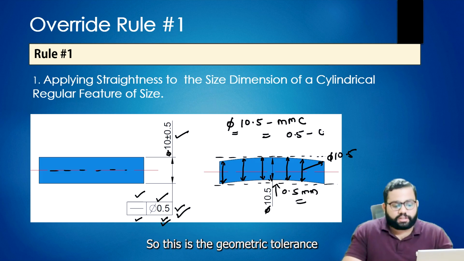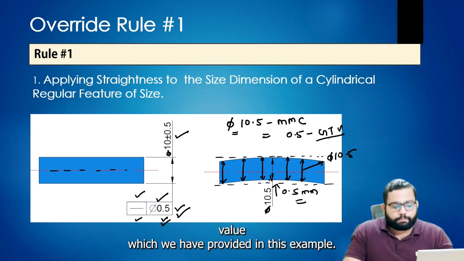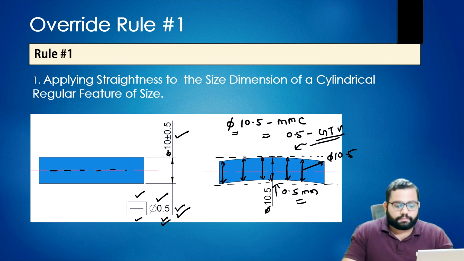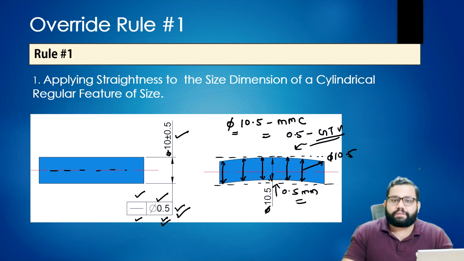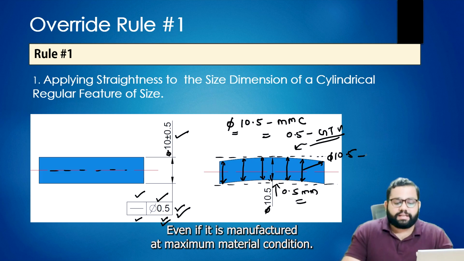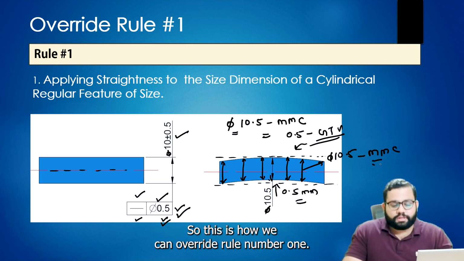So the maximum variation this part can have is 0.5 mm even if it is manufactured at maximum material condition. This is how we can override rule number 1.